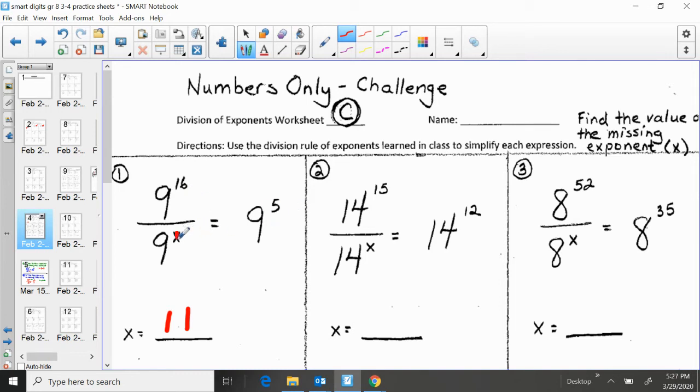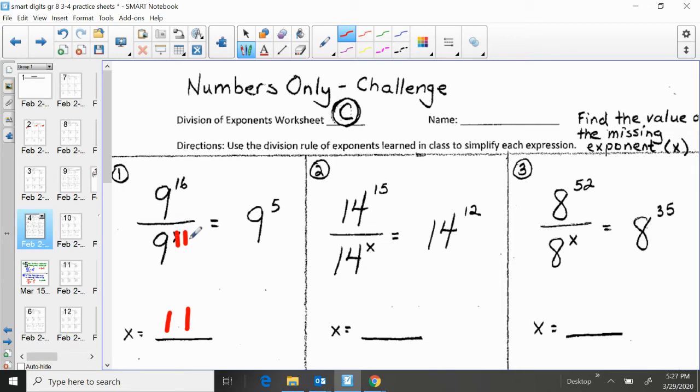And let me just draw an 11 in there if I don't really believe myself. 16 minus 11, yep, that's 5. So if I don't know the exponent, I just have to figure out what number is missing there in the exponent. But if I'm looking here, how could I get that 11? Aha! I could take 16 minus 5 and get 11.